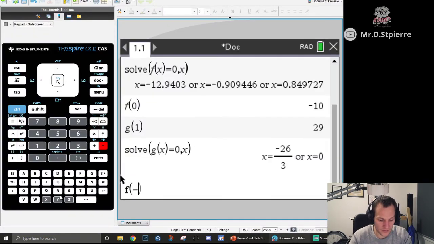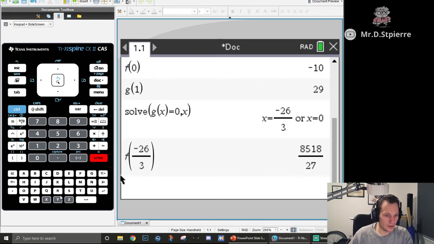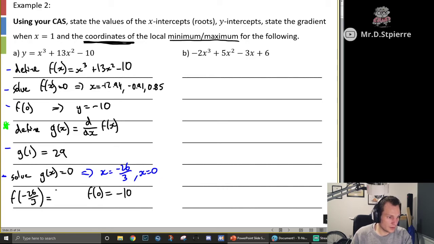So f of negative 26 divided by 3 is 8,518 on 27. So our two turning points end up being negative 26 on 3, 8,518 on 27.